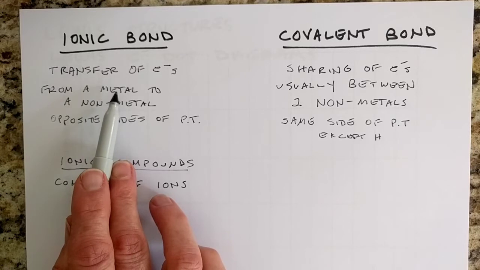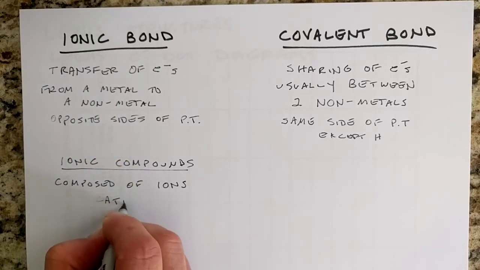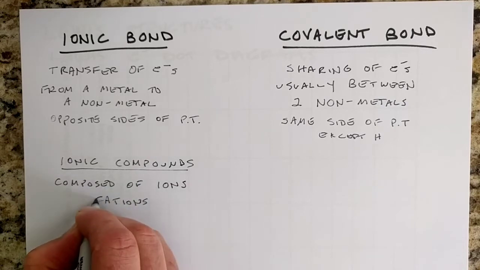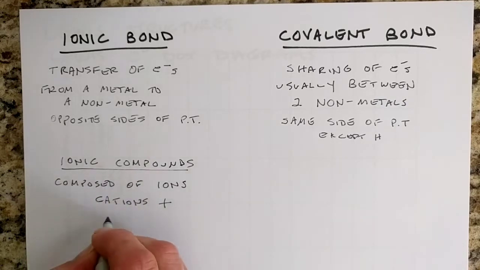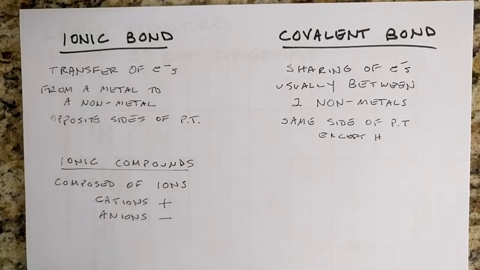The metal loses electrons and becomes a cation. So we have cations that are positive, and in our compound we have anions that are negative. And all the cations and all the anions will add up to give a net charge of 0.